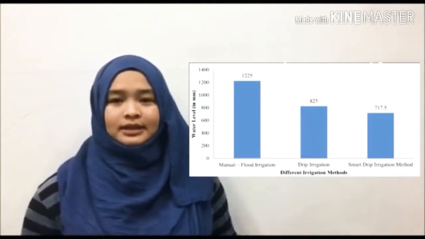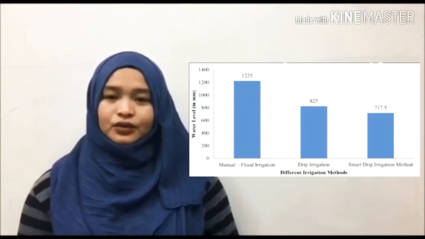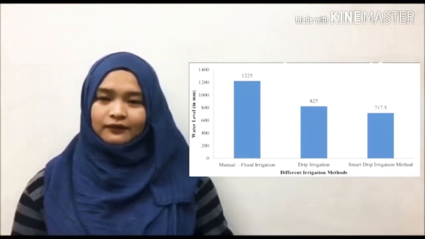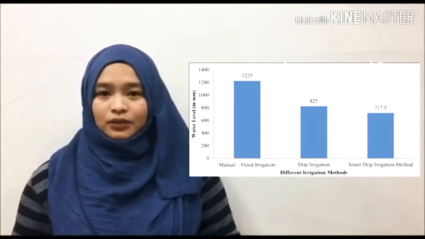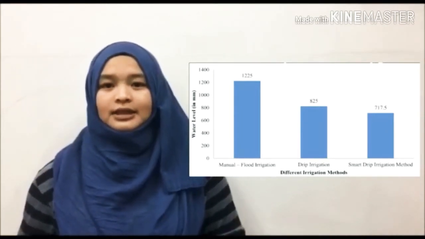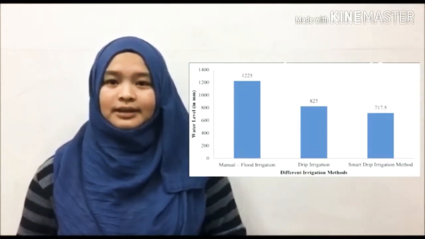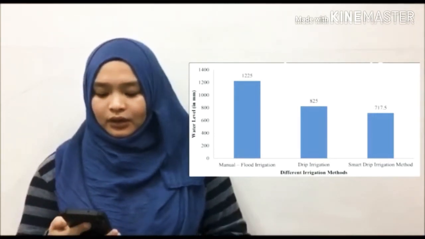As you can see here, the type of irrigation that uses the highest amount of water is manual or flood irrigation, followed by drip irrigation. This is the clear result that smart drip irrigation method has the lowest amount of water used.